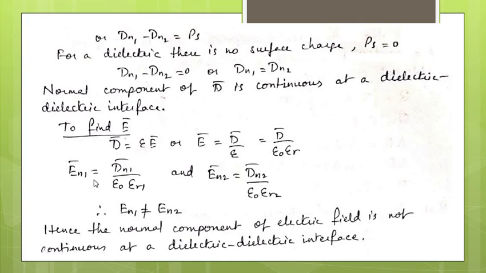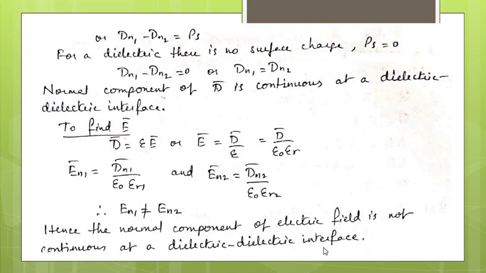So to find En1 we can write Dn1 divided by epsilon naught into epsilon R1, and En2 is equal to Dn2 by epsilon naught into epsilon R2. So by comparing both of these two terms, we can see that they are not equal. So we can conclude that the normal component of electric field is not continuous at a dielectric interface.